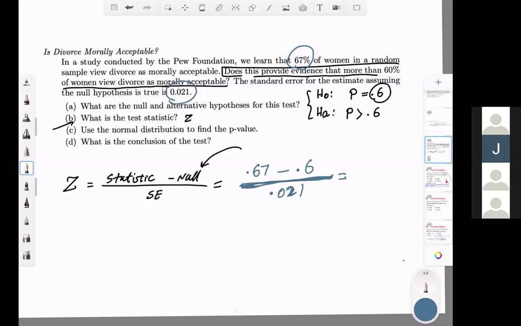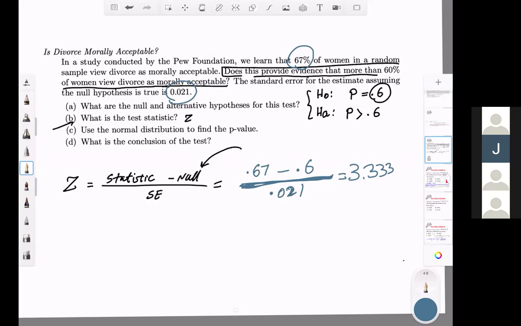Do it again, 0.67 is more than 0.6. Oh wait, never mind. 3.33. Correct, Adrienne? I got a negative. Are you using a phone or calculator? I'm using the TI-84.